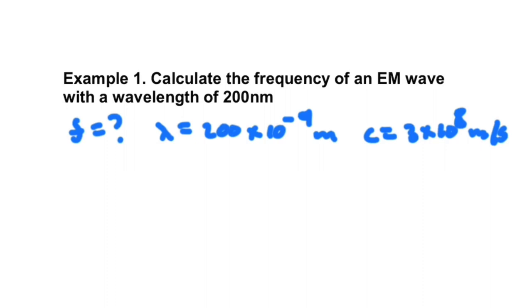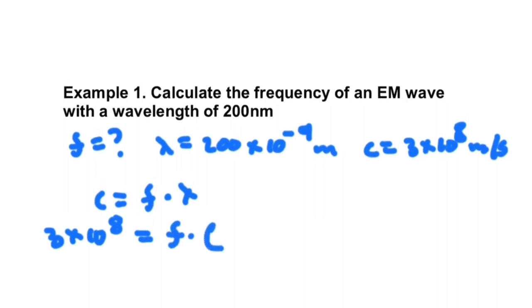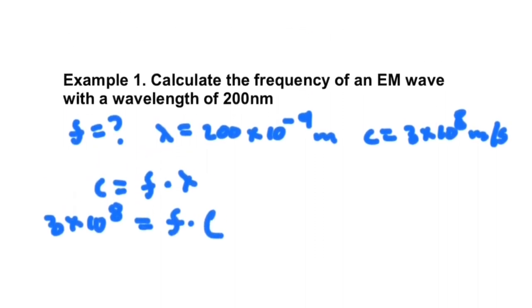So with these variables, how can you calculate the frequency? We know that the speed is equal to the frequency multiplied by the wavelength. We have the speed, 3 times 10 to the power 8. The frequency is what you're interested in, and the wavelength is 200 nanometers, so that is 200 times 10 to the minus 9.